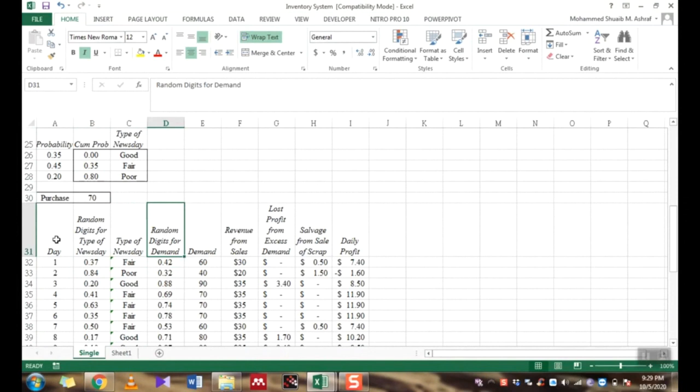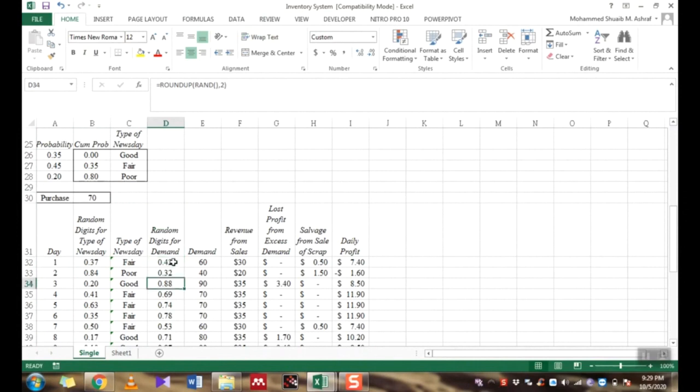Now random digit for demand. See, in this newspaper seller problem, two things are random. The type of news day: news day can be good, can be fair, can be poor. And demand. Demand is also random. Some day can be high, can be low. For this, we use random.